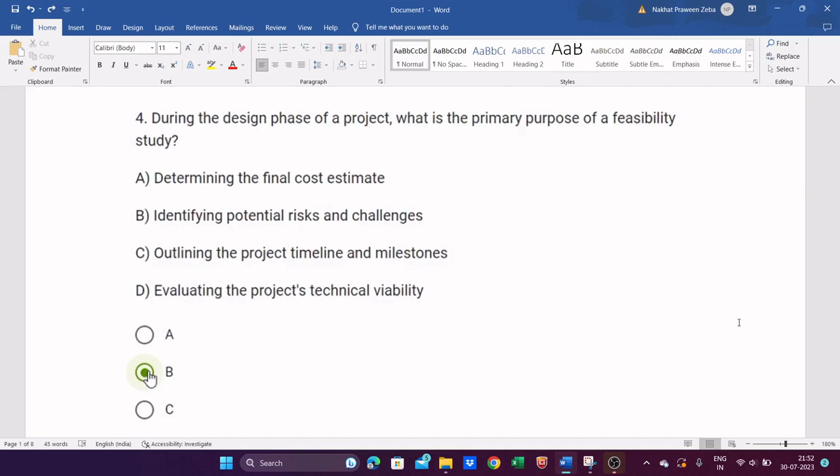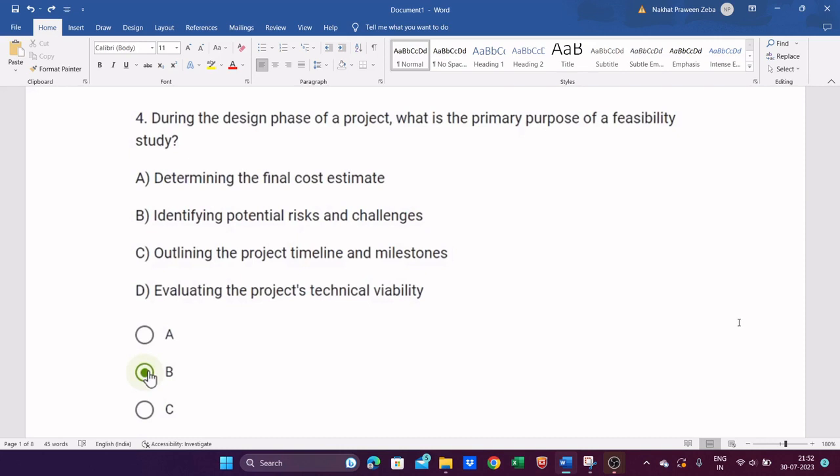Each is separated into its own option. There should be one option, all of the above, but it is not there. So we need to select from these four only. I think B is the most suitable one: identifying potential risks and challenges as the primary purpose of a feasibility study.